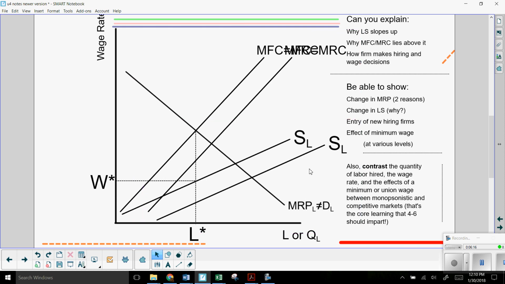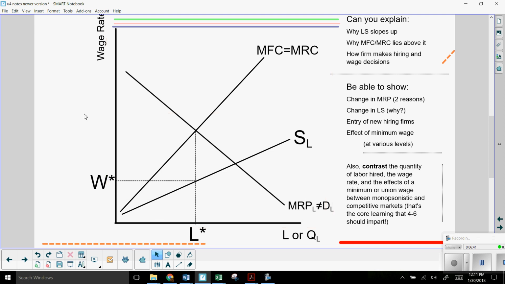Goodness gracious. Things went a little crazy on me there. Sorry. We're going to hire this quantity of workers, and we're going to pay this wage rate right here. So you can see an increase in labor supply caused L to move to the right, and now they operate at that point right there along the new labor supply curve.